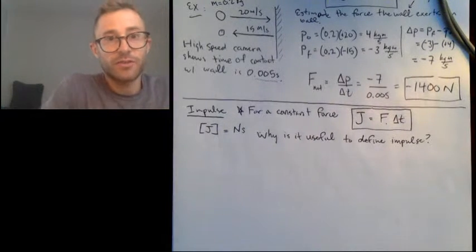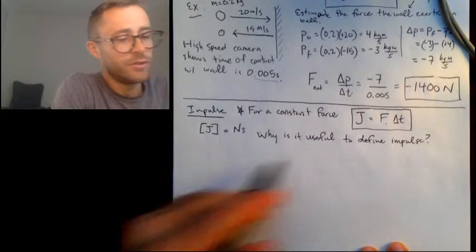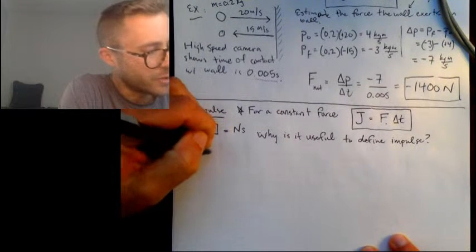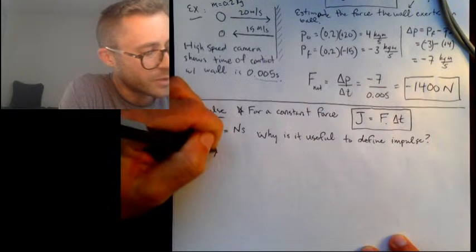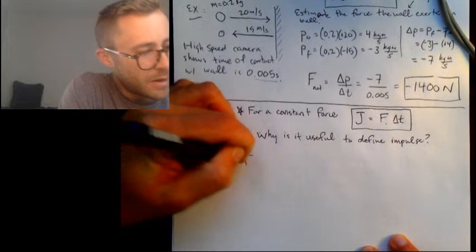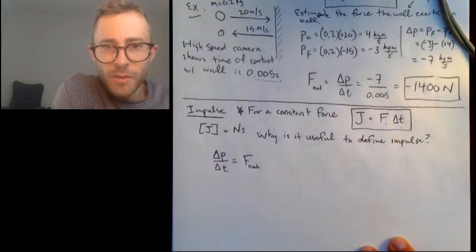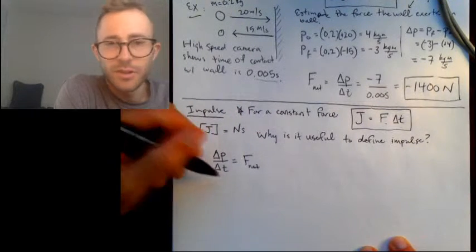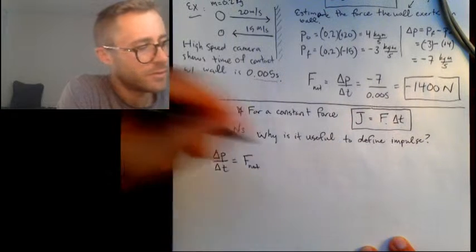For this class, though, the reason that it is useful to define impulse is we basically go to the sneaky form of Newton's second law. And what if I multiply both sides by delta t, by the time elapsed?